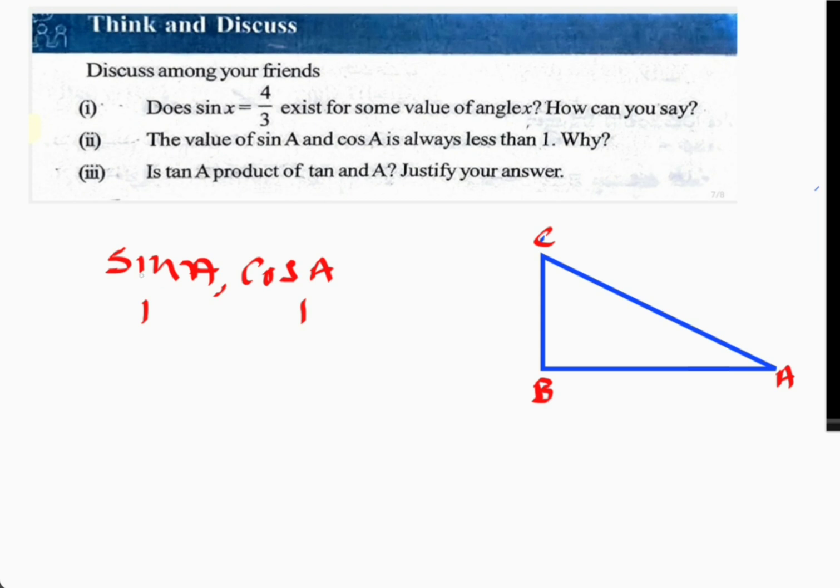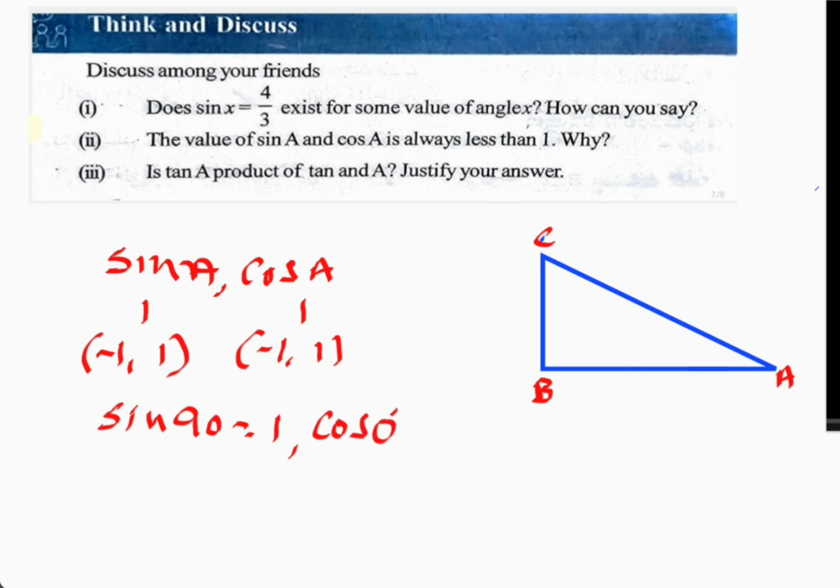The sin A range is, we know, -1 to 1, and the cos A range is also -1 to 1. For example, take 90 degrees. What is the value of sin 90? We know that it is 1. And what is the value of cos 0? Cos 0 is also 1. This is the maximum value of sin 90 and cos 0.